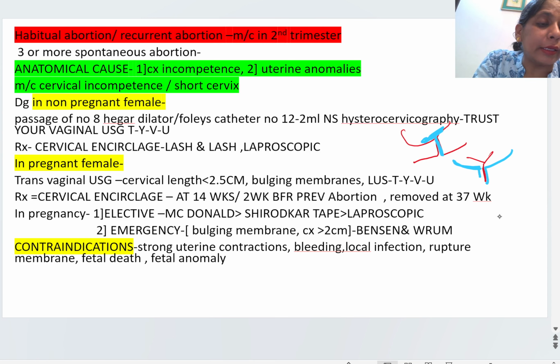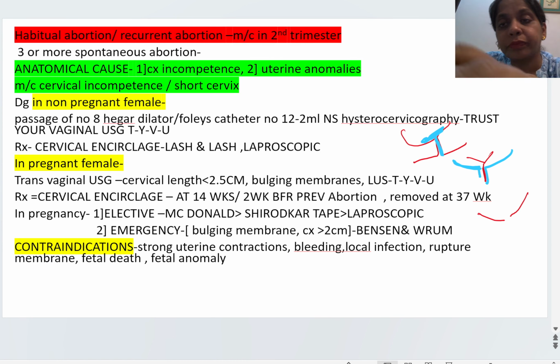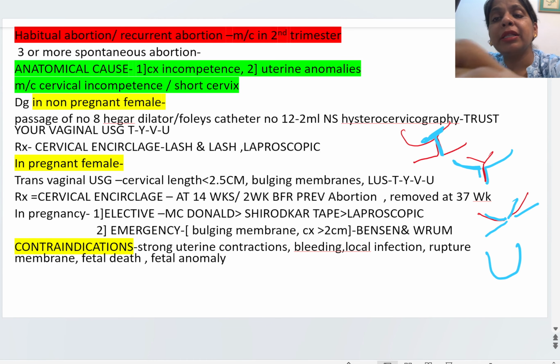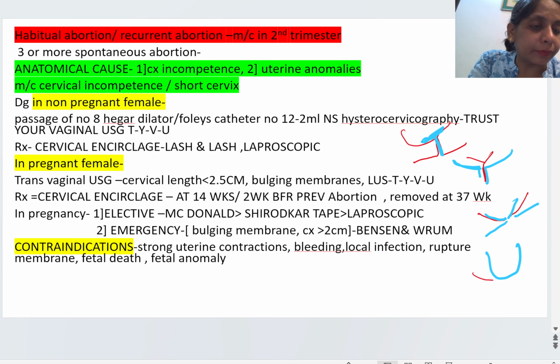If it is a V, it means it has opened a lot. And if it is a U, it means the membranes are bulging.